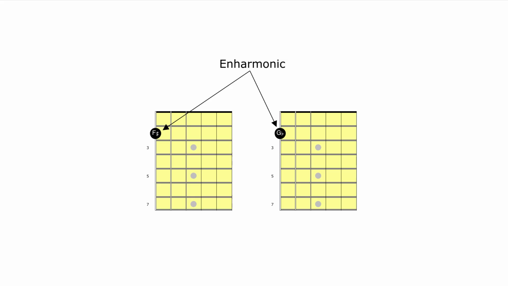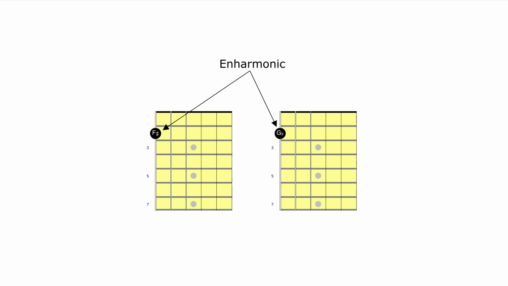Okay, but for instance, if we're in the key of D flat, that same note, that same fret, we're going to have to spell it G flat. If we're in the key of D flat, that G flat is the perfect 4th of D flat.